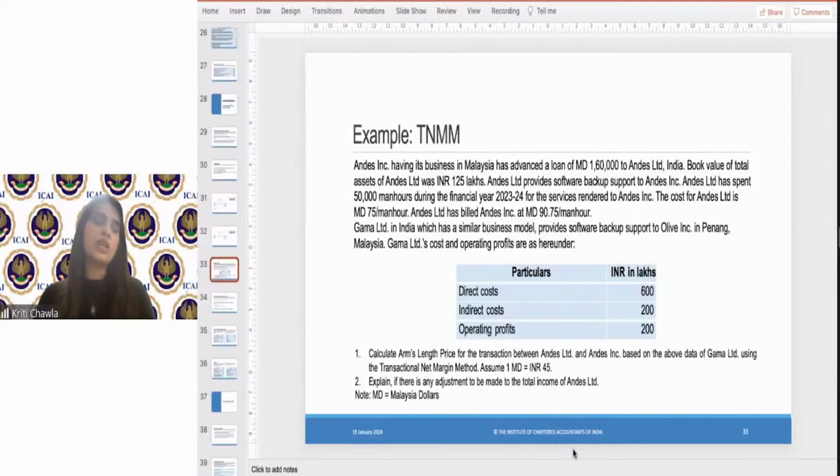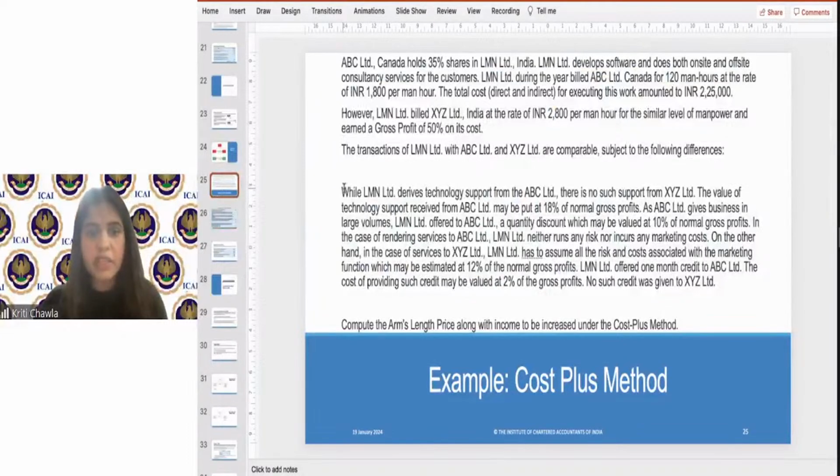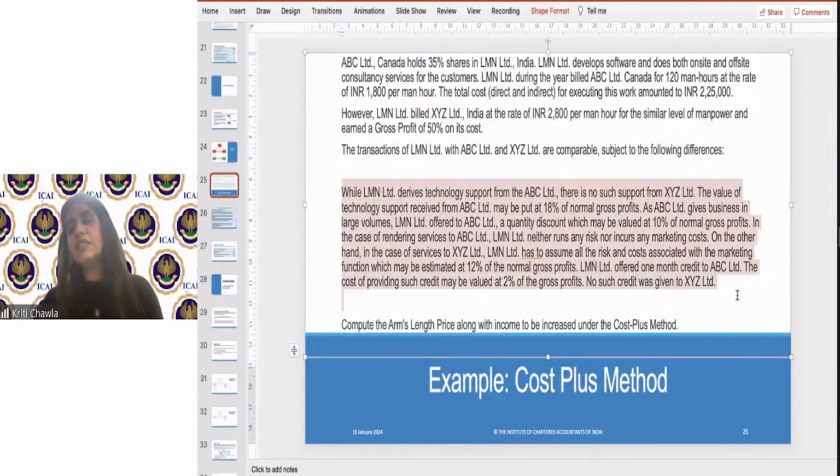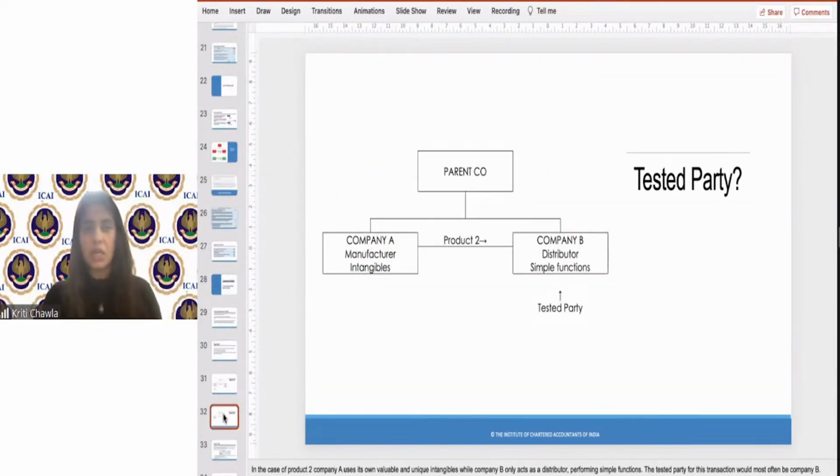Or sometimes, if you looked at this particular question, this question on CPM method very clearly says that these are the adjustments, but a lot of times these adjustments are not available. So then you just take out the net profit from the entire transaction. You don't even consider the costs and what is the markup, etc. You don't even consider the adjustment.